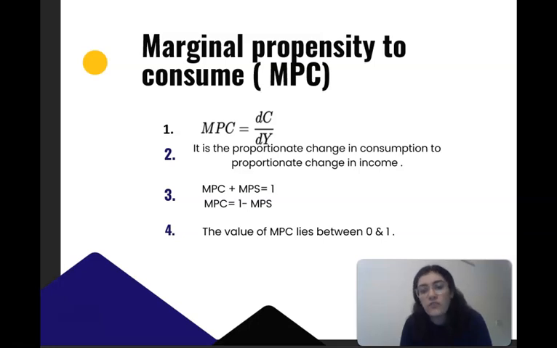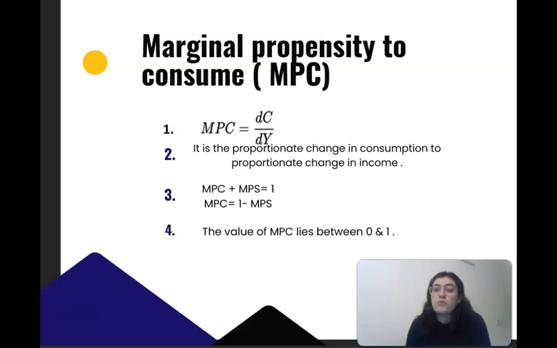So this is another way of calculating the MPC, by doing 1 minus MPS. Like what I've taken for the formula, 20 upon 100, that means MPC is 0.2.